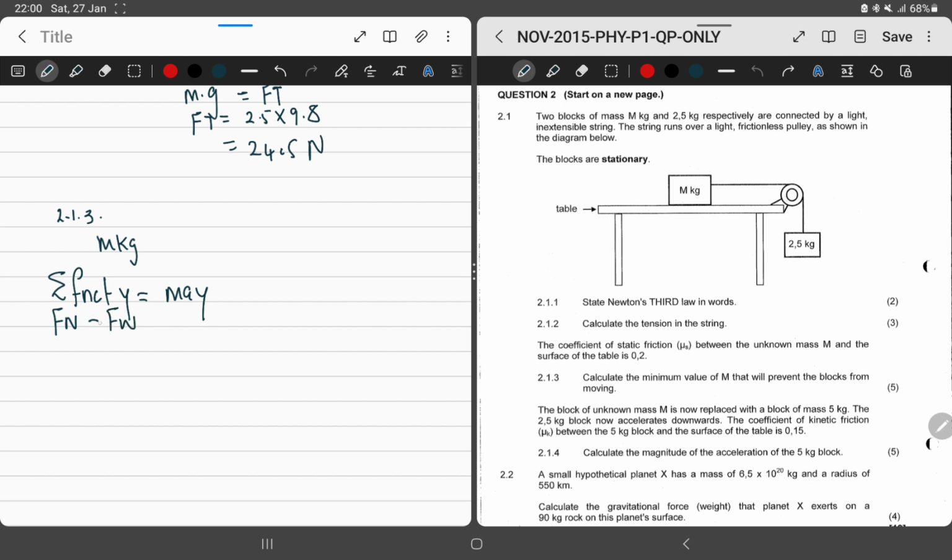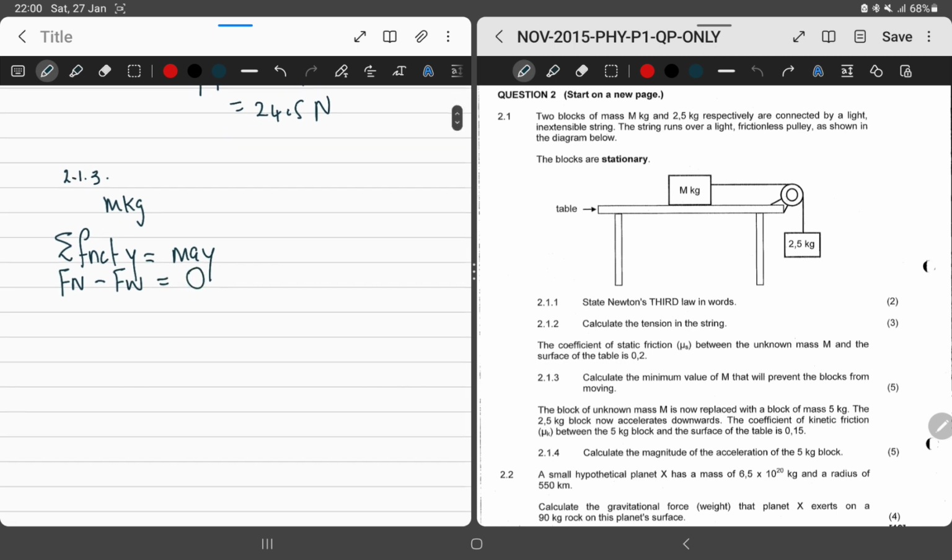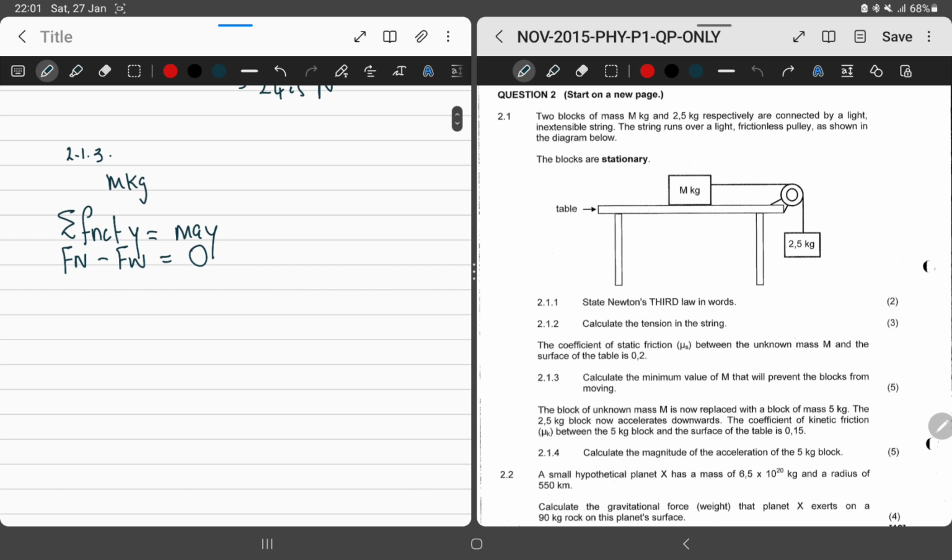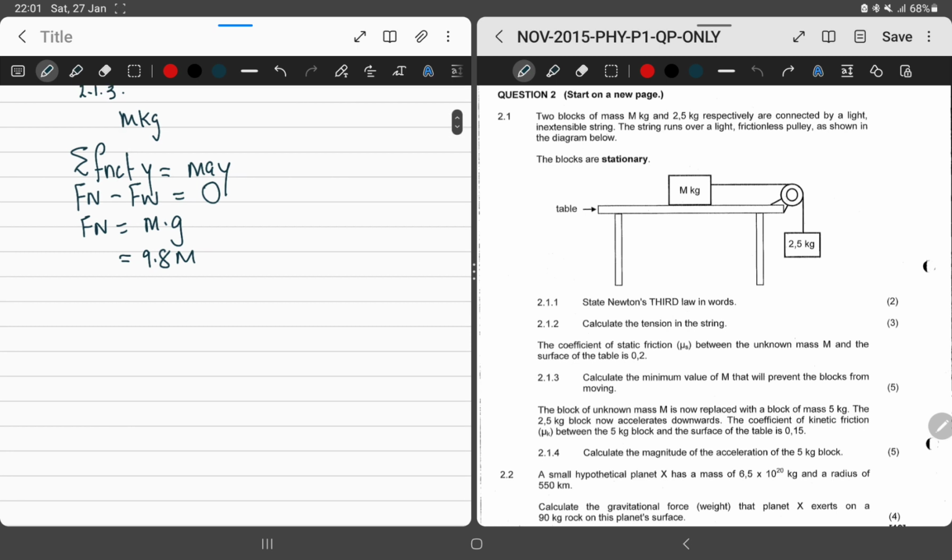This is a subtraction because they are going in opposite directions. There's no movement, so the acceleration is 0. The normal force should be equal to mass multiplied by g, 9.8 multiplied by m. We don't know what the mass of the block is.